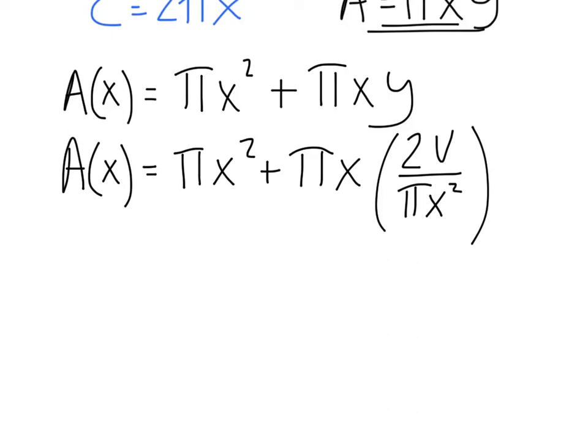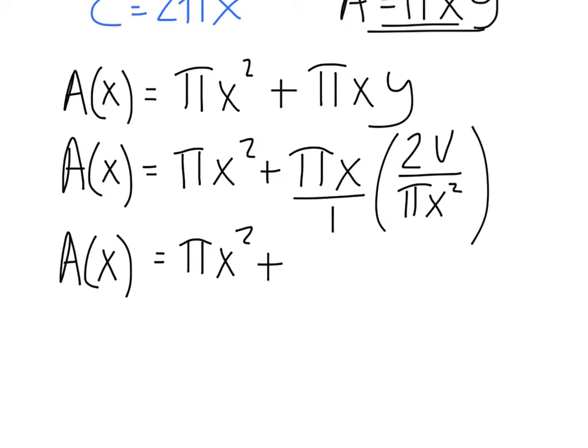So what we can do now is multiply out that bracket. That then gives us A of x equals pi x squared plus, and then if we think of this as pi x over 1, it might make it easier. So that gives us pi x times 2v on the top, which is 2 pi x v, and then 1 times pi x squared on the bottom, which is just pi x squared.